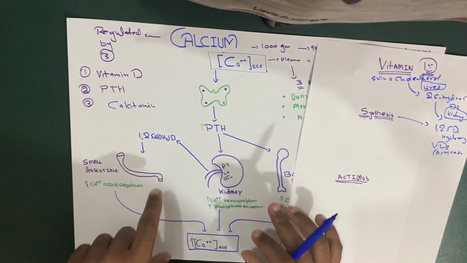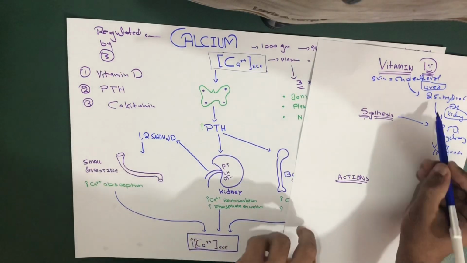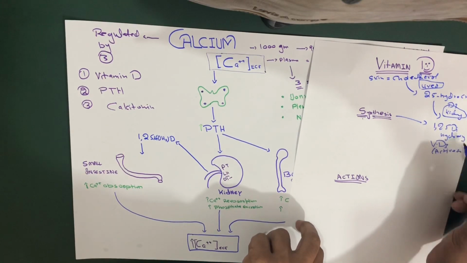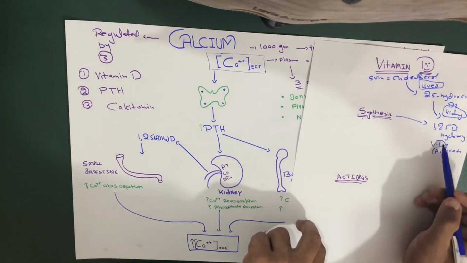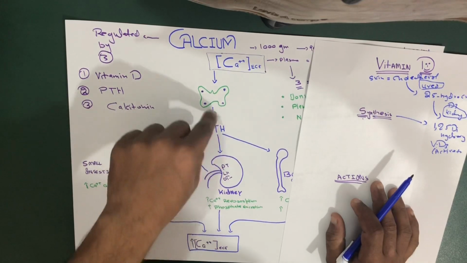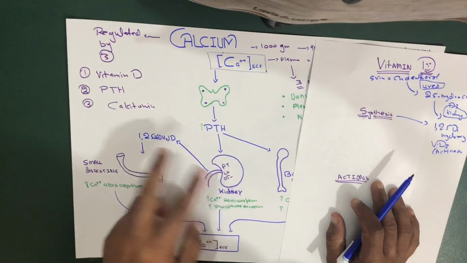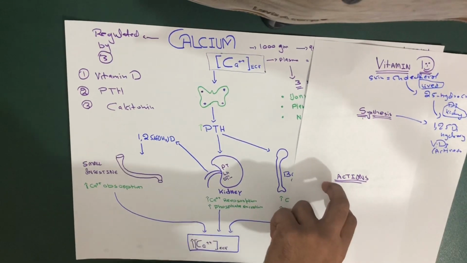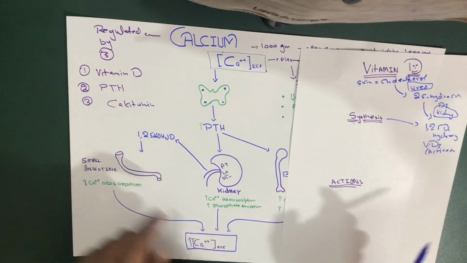And one thing you have to remember, that from 25 hydroxycholecalciferol to 1,2,5 dihydroxycholecalciferol, there must be a hormone called the PTH. So PTH acts on the kidney and helps in the conversion into the 1,2,5, an active form of vitamin D, which acts on the small intestine.